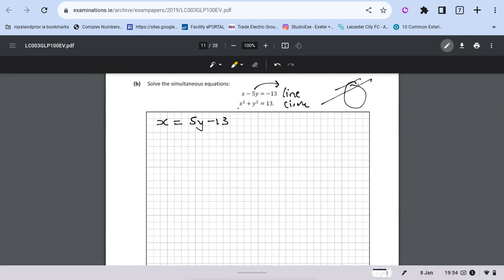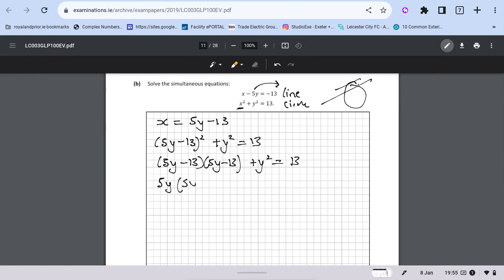Now we're going to sub it in. Everywhere there's an x, I'm going to replace it with 5y minus 13, plus y squared is equal to 13. What does something squared mean? Two of those brackets. How are you going to multiply it out?